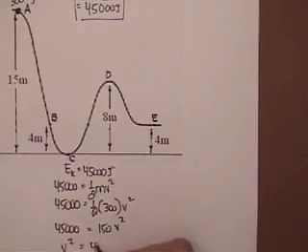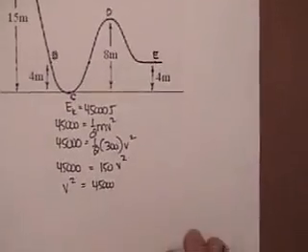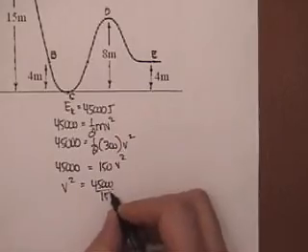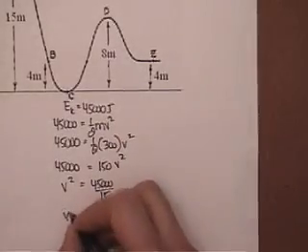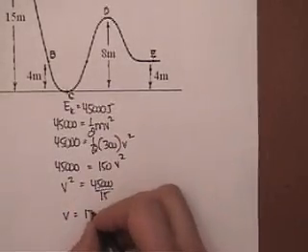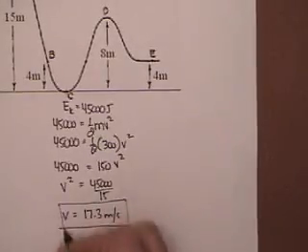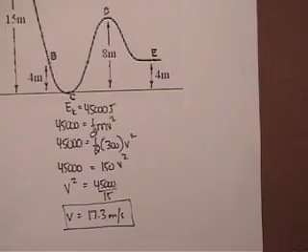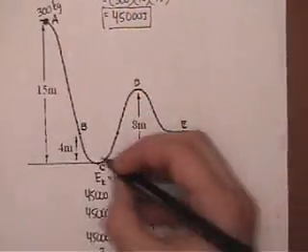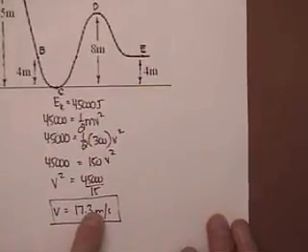V squared is 45,000 divided by 150. So my velocity is going to end up being 17.3 meters per second. Nowhere else on this roller coaster will you get faster than 17.3 meters per second.